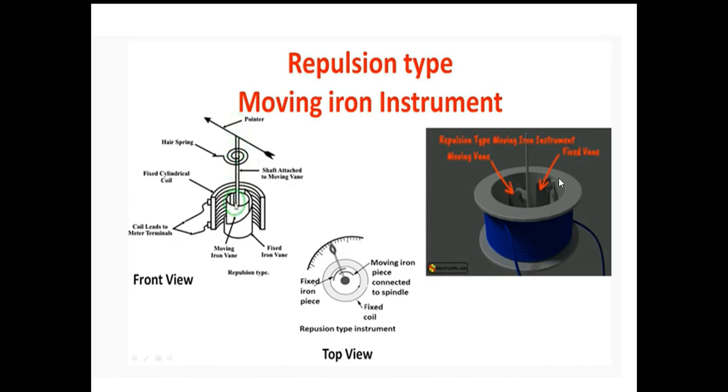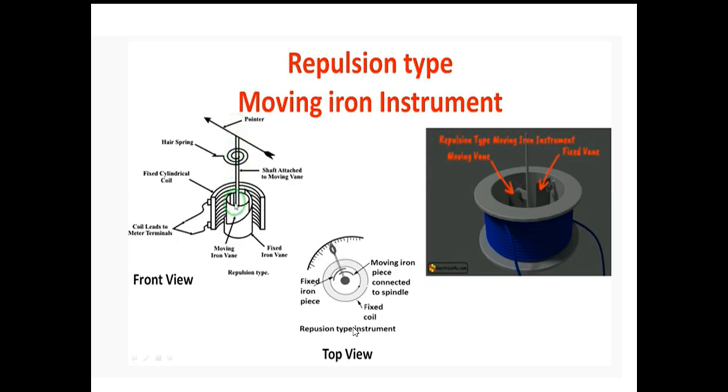The fixed vane is already attached to the cylinder, so the moving vane moves away from the fixed vane. When the moving vane moves, the spindle moves, and the pointer also moves on the scale.